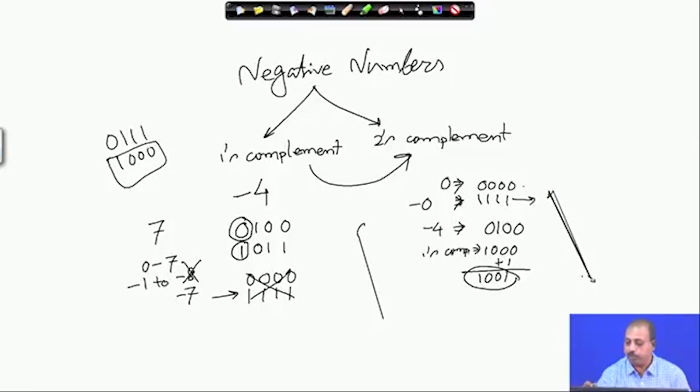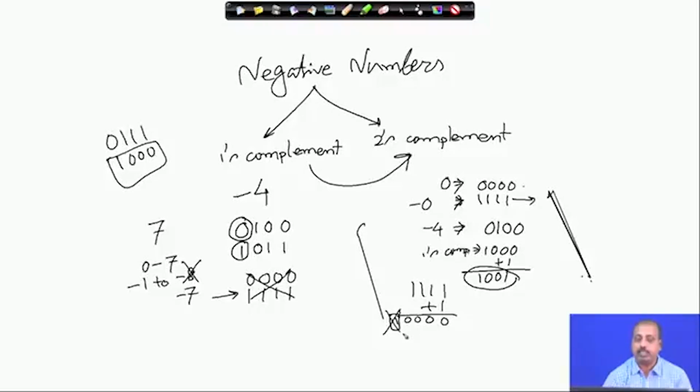For 2's complement representation, I add a 1 to this 1 1 1 1, and when I do this addition, all these bits become 0 with a carry of 1. If we discard this carry, it becomes 0. So, both plus 0 and minus 0 are represented by the same number, which is all 0s in the number system.